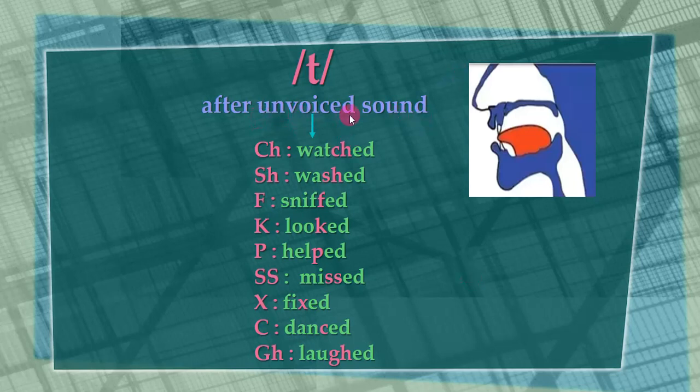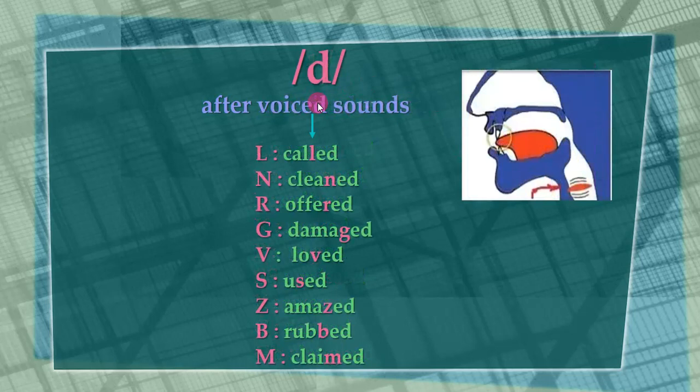we have to know the meaning of the unvoiced and the voiced sound. Unvoiced sounds are those where, when you pronounce them, the vocal cords don't move, so there's no vibration. The d sound is used with the voiced sounds, which cause vibration when you say them.